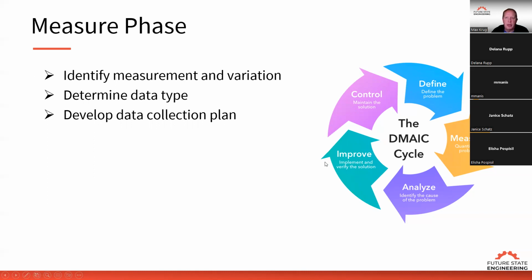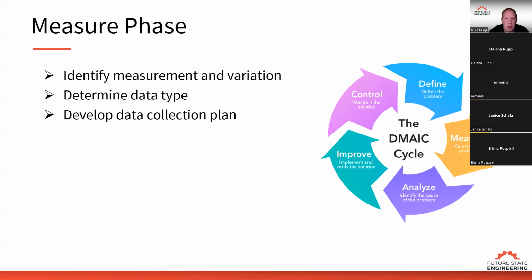So there's two types of data. So two types of data are attribute and variable. So attribute data is data that we count. Variable data is that we have to measure it with some measuring device. So if I look at the characteristics of myself, what is attribute data?